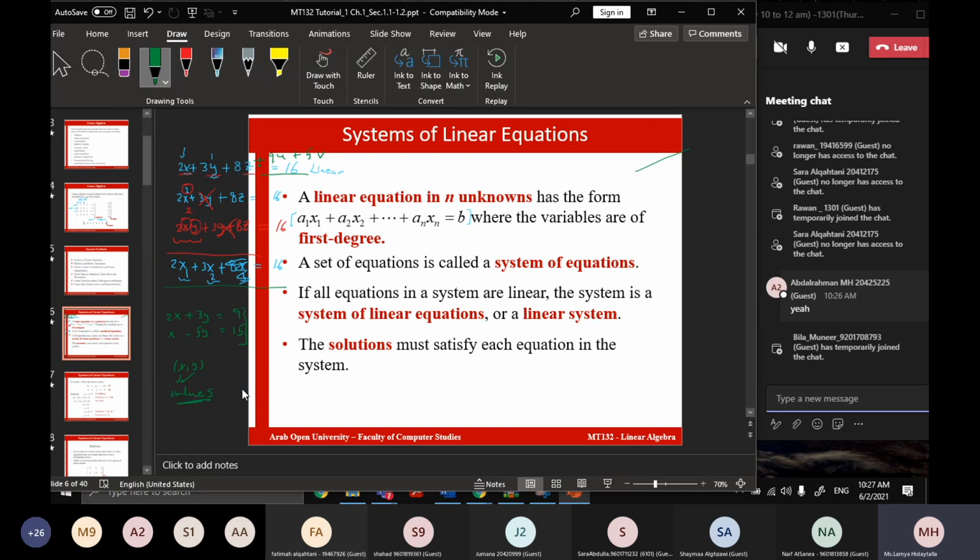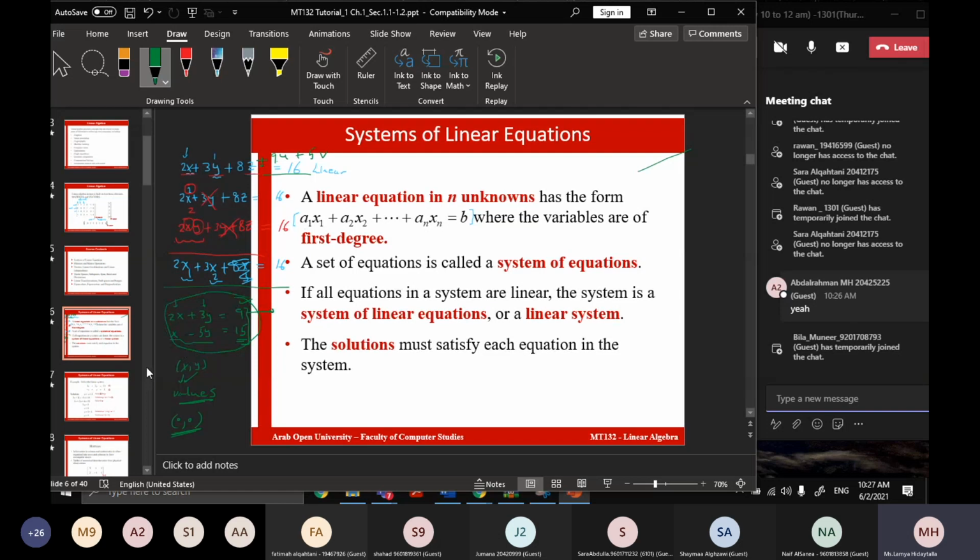That means we want to find values that will satisfy each equation. What is the meaning of satisfying the first one? It means that when you take these values, a real number here and a real number here, and substitute them here, you should get 9. And the same values, when you substitute them, you should get 15. So if you got these values, that means you got a solution for your system.